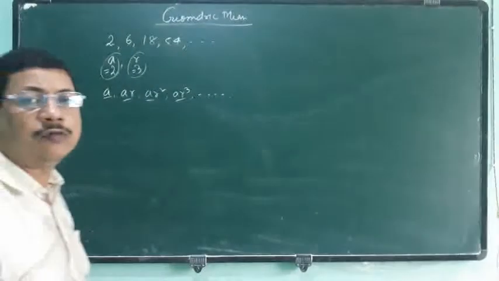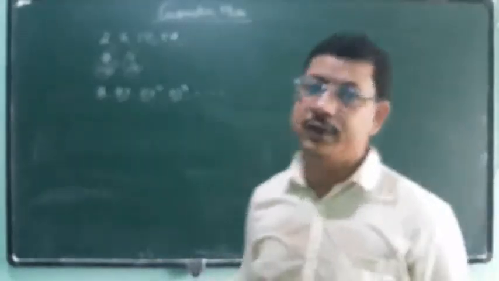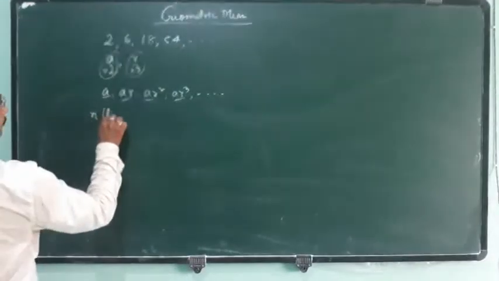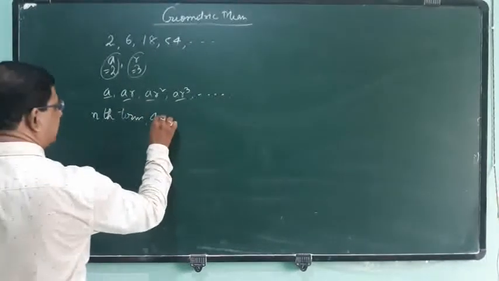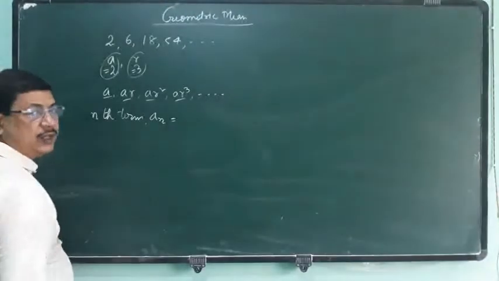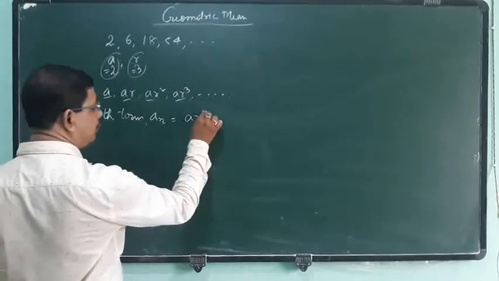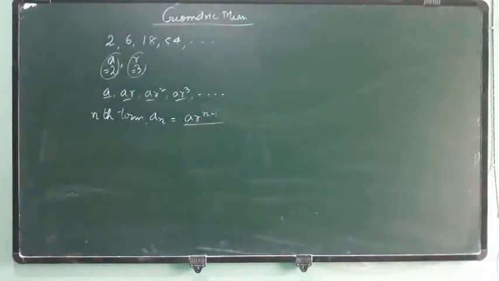This way of proceeding of any type of numbers is called a geometric progression. The nth term, written with suffix n as the symbol of the nth term, is a r to the power n minus 1. This is the value of the nth term in a GP series.